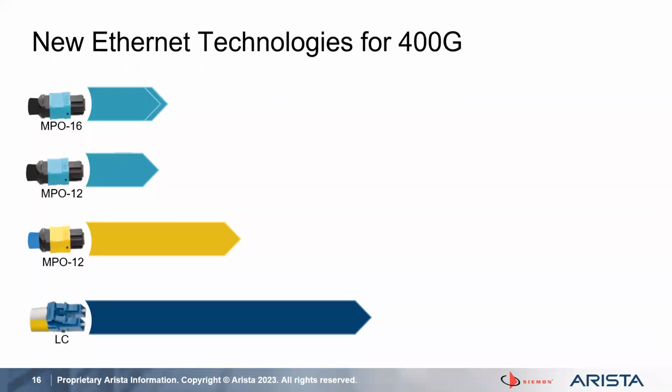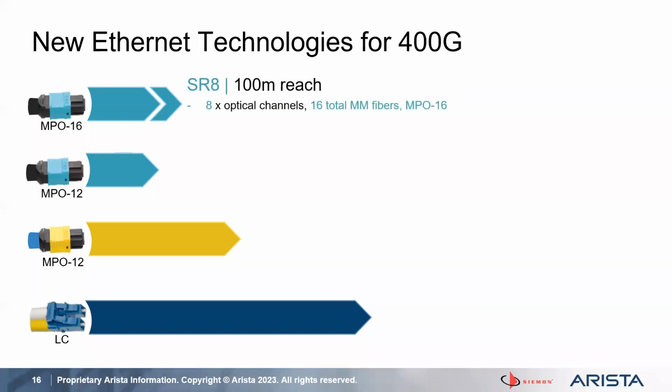Moving on to beyond 100 gig, I want to highlight some terminology, because there are a lot of new terms and technologies out there. The first is SR8, which is a multi-mode solution.